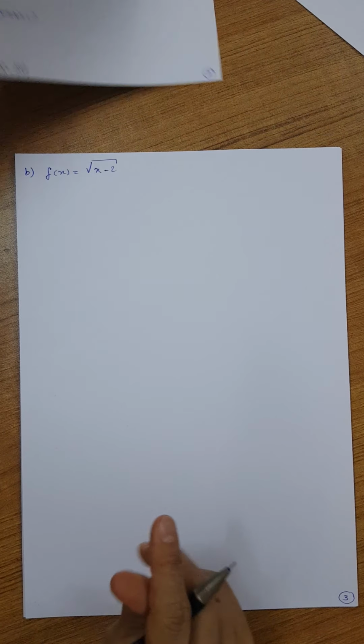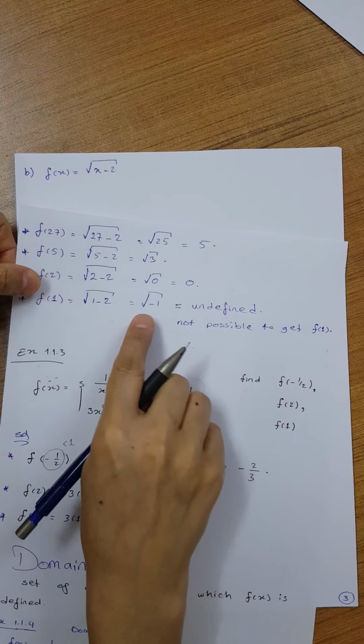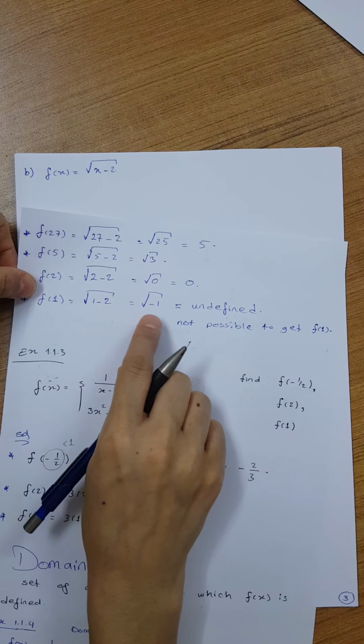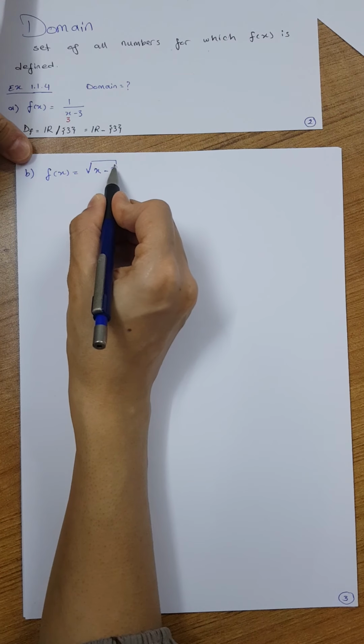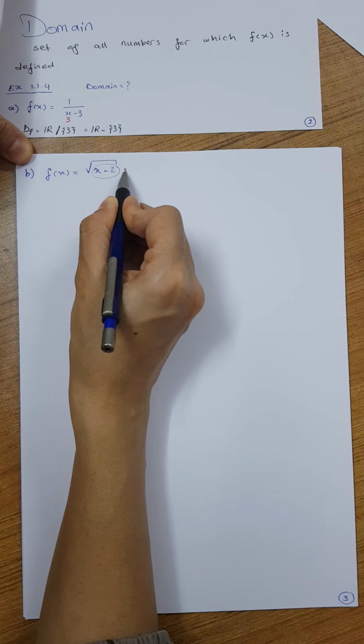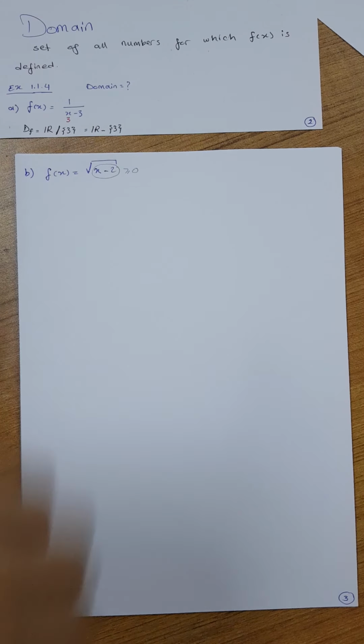As we previously said, if we get a negative under the square root, we cannot solve it. So, what is the condition for the square root? Whatever I have underneath the square root must be greater than or equal to 0. That means something non-negative, then I can find the value of that function.